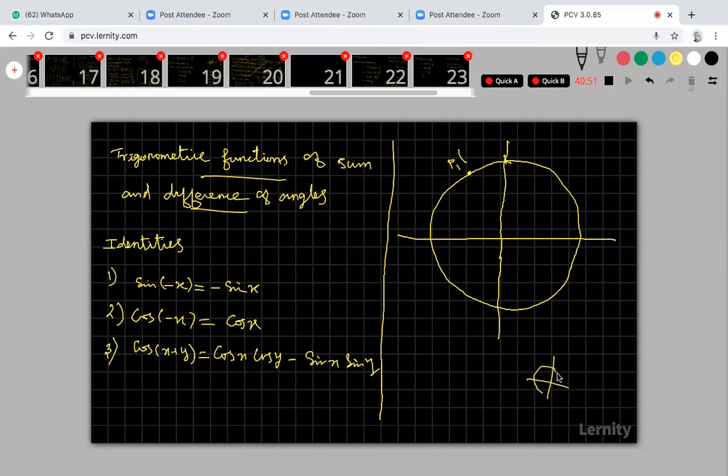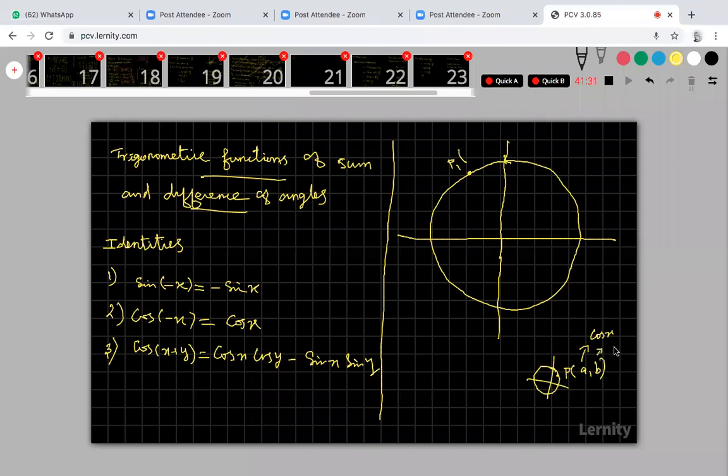If you take any point P, that is P of A comma B. So this A is nothing but your cos x, B is nothing but your sin x.